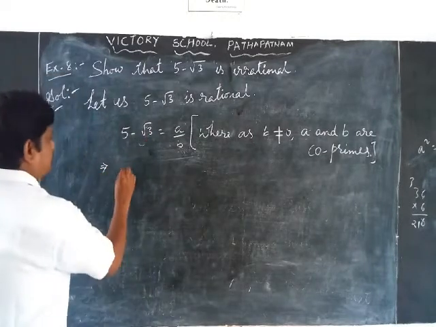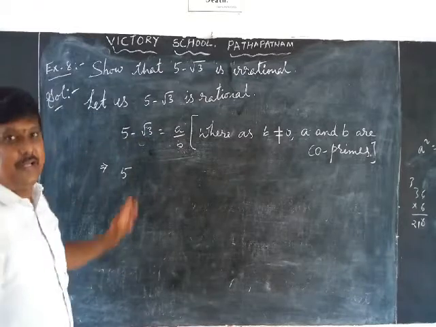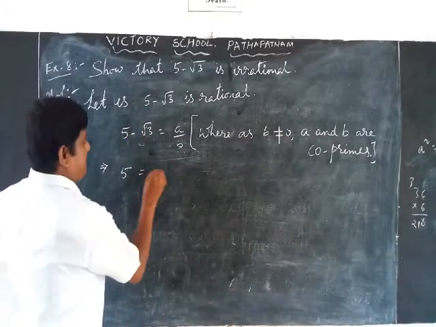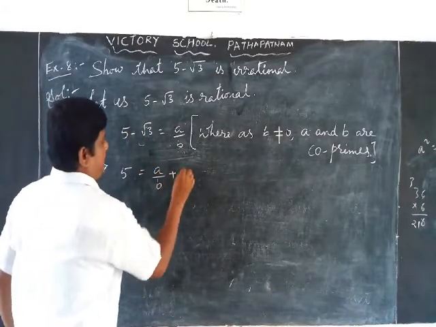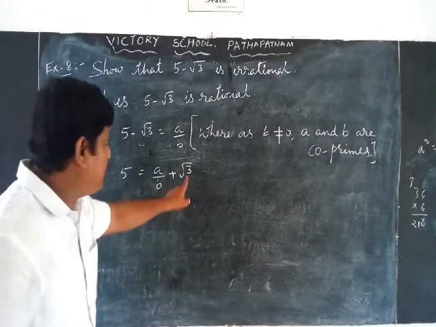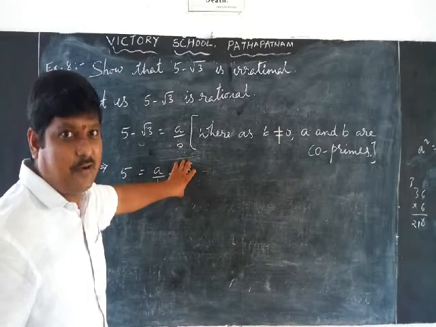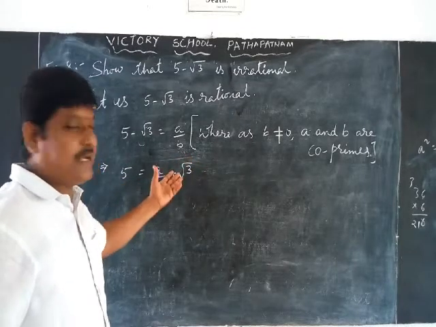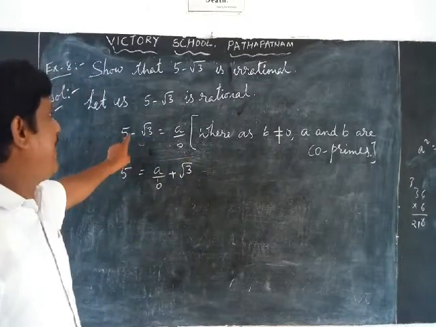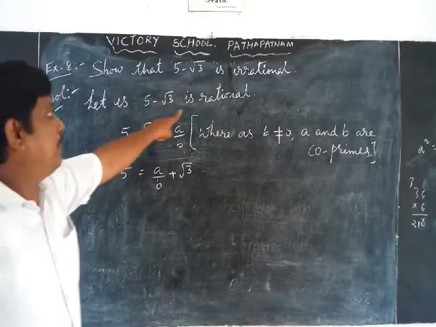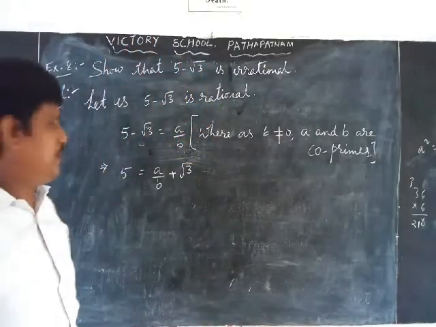That's why this minus root 3 goes to the right hand side, plus root 3. We require only root 3. Root 3 is irrational. When we have proved that it is irrational, we can easily say that 5 minus root 3 is not rational, it is irrational. Okay.